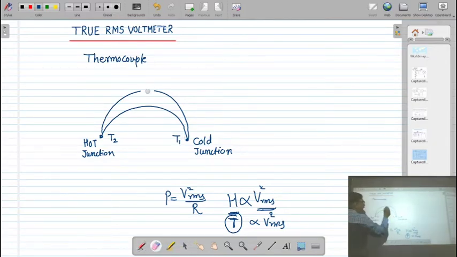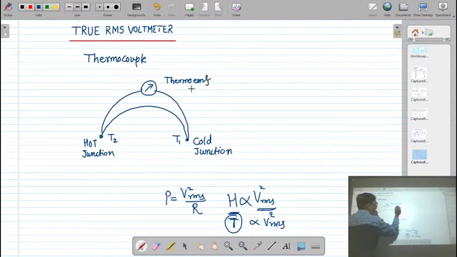If you connect a meter at this point, the meter will give you a deflection, and that is known as the thermo EMF, or sometimes it is also written as E. This EMF is produced like this, and you can measure it.